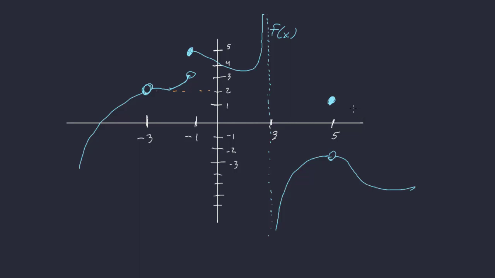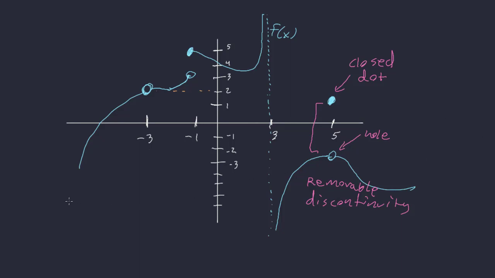And finally, for this graph, this is here a removable discontinuity. So we have a hole here, but we have a closed dot here. Okay, so as I mentioned in a previous video, this is a removable discontinuity because all we've done is removed this point. If it were here, it would be continuous, but we have moved it.